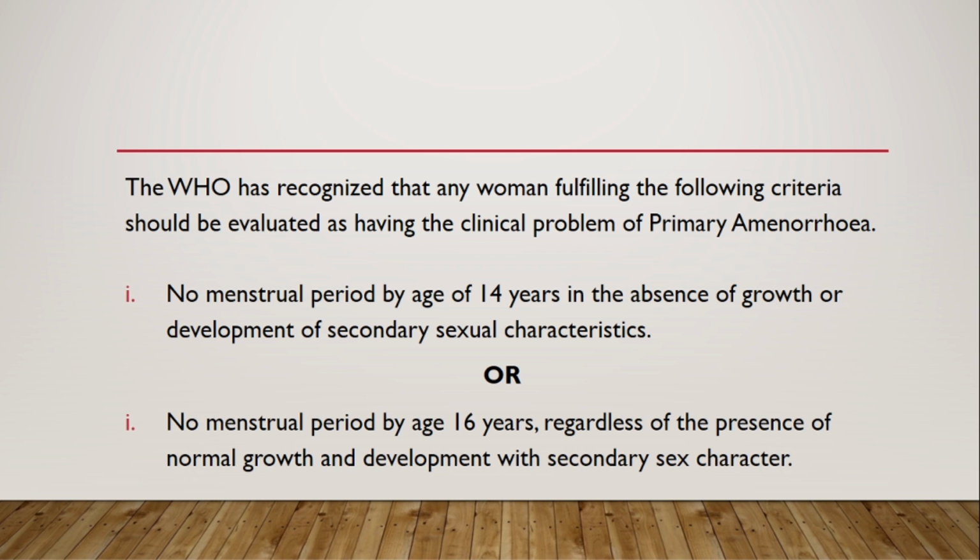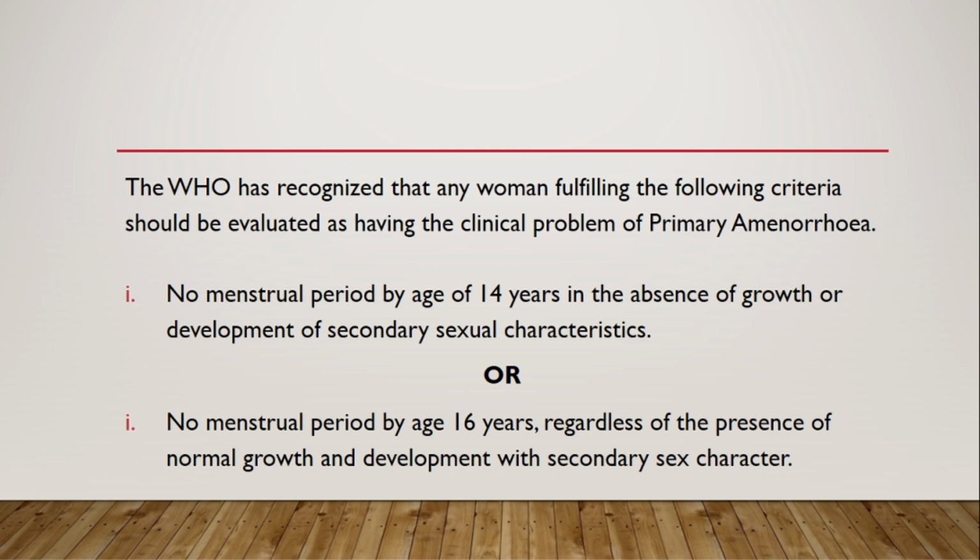If there is no menstrual period by the age of 14 years and there is no external manifestation of development of secondary sexual characteristics, this woman can be classified as having primary amenorrhea.